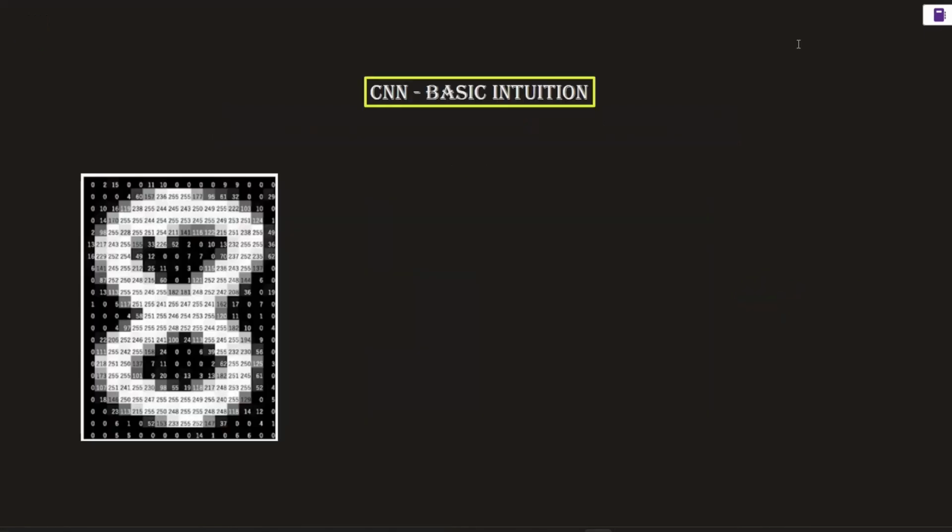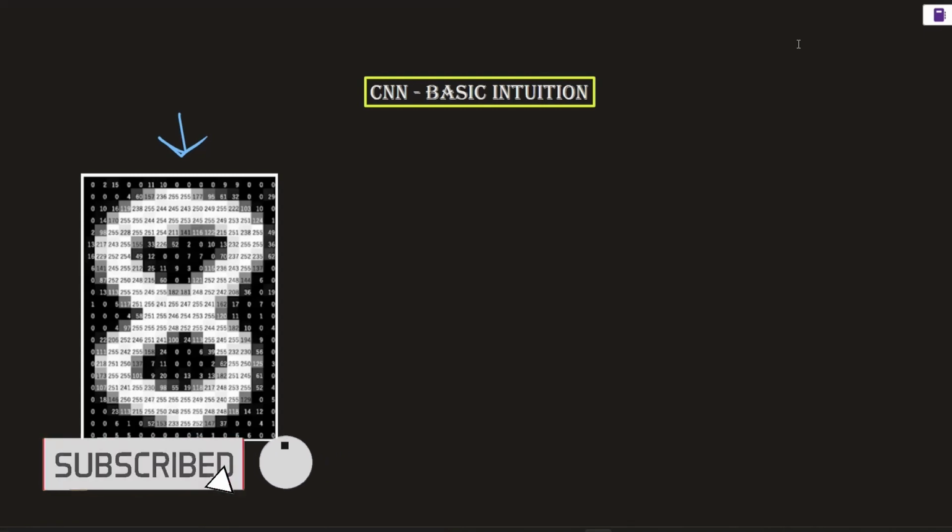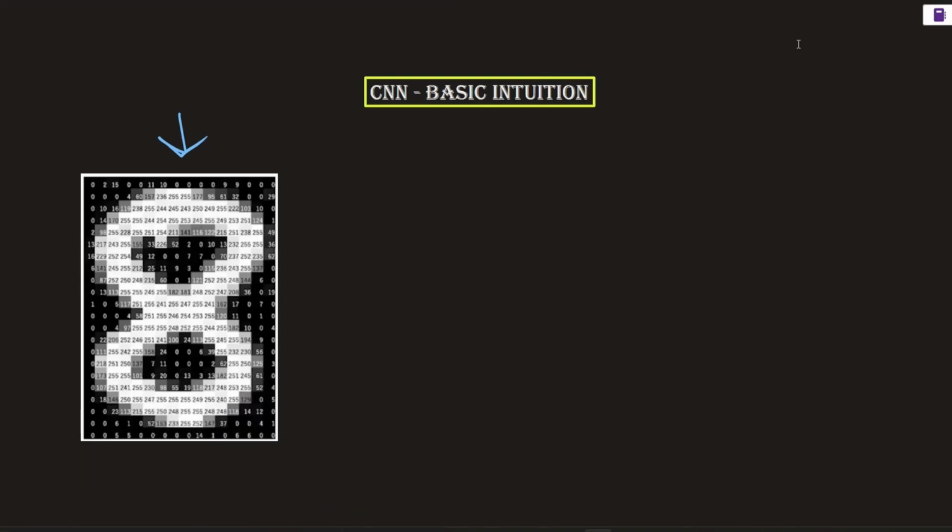So for a moment, let's forget about CNNs, let's forget about the topic of deep learning, and on a human level, let's discuss how we are able to identify this digit 8. If you were asked to explain to a child the properties of a digit like 8, how exactly would you make him understand?